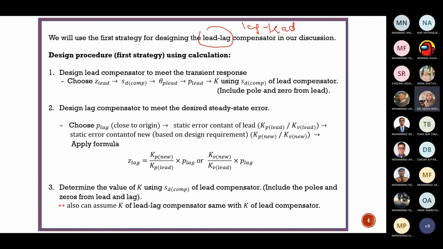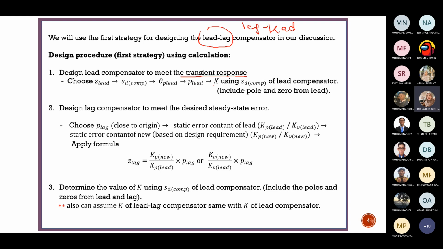Okay, so the procedure using the first strategy for the lag-lead compensator. First, we design the lead compensator to meet the transient response. That means you need to choose the zero of the lead first, and then find the design point s_d of the compensator. From s_d, we can obtain the angle of the lead pole, and then you can obtain the value of the lead pole.